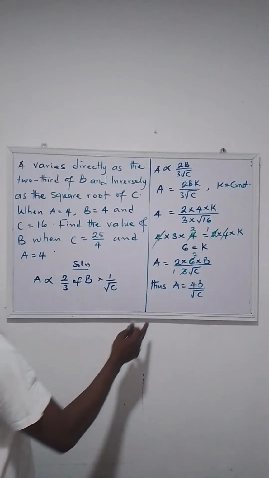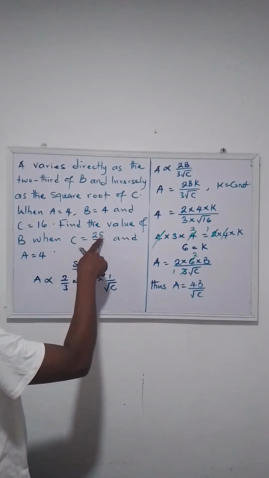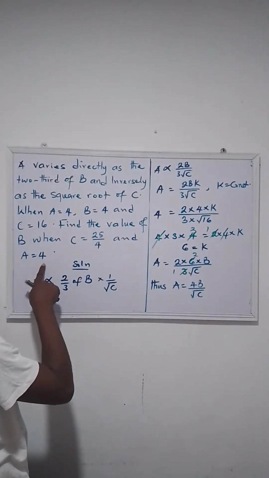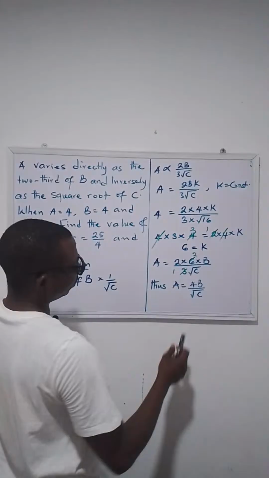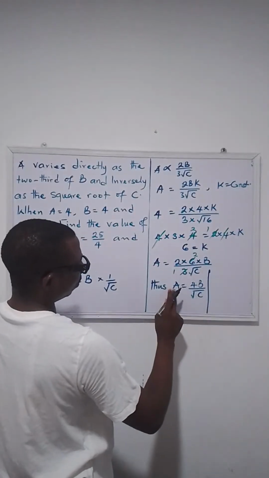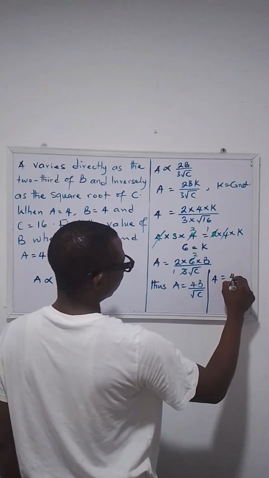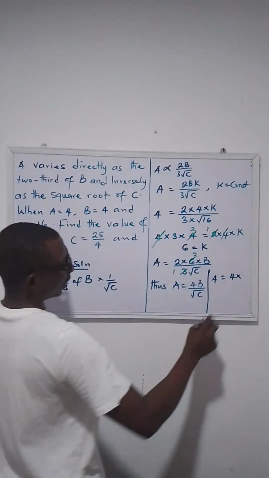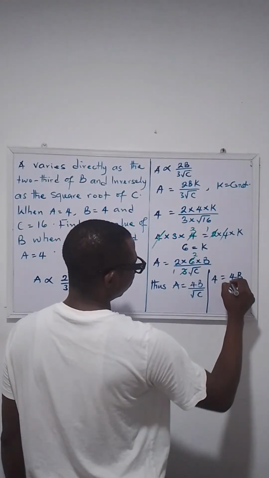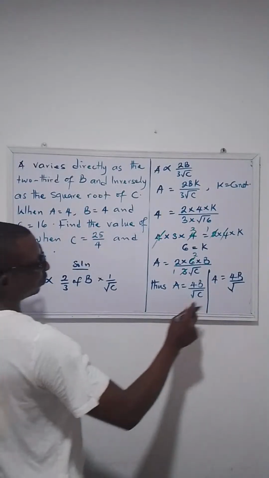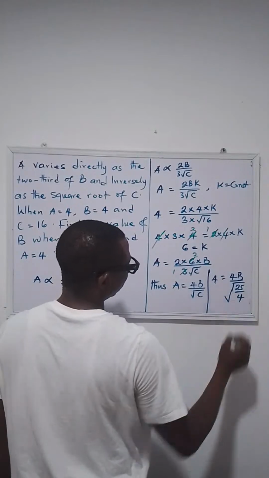Now the question asks you to find B when C is 25 over 4 and A is 4. Can we plug in the values here and see? So let's plug in the values. A is 4, so we have 4 equals 4 times B, and that's what we are looking for, so 4B over square root of 25 over 4.